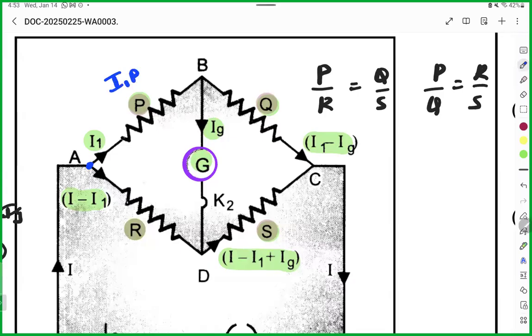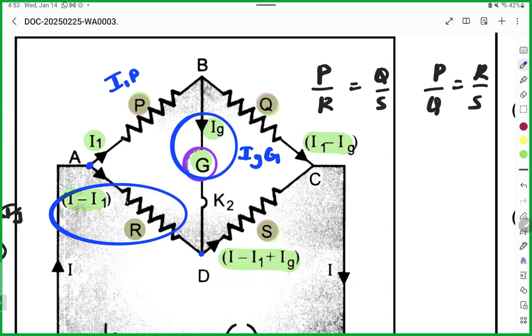Understood? What will be the voltage from B to D? Okay. And voltage from D to A. Understood, guys?